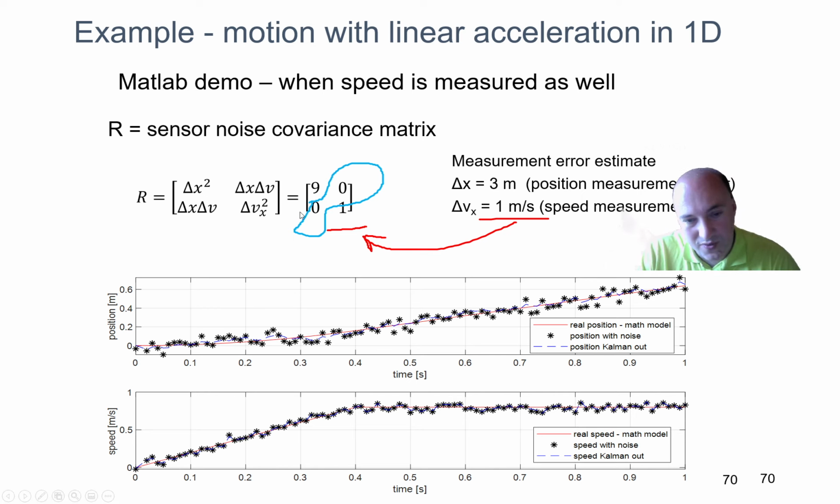Here in this matrix there is also an example how I can actually use this if I would measure the speed. So now I would have a sensor for position, and I would have a sensor for speed as well.